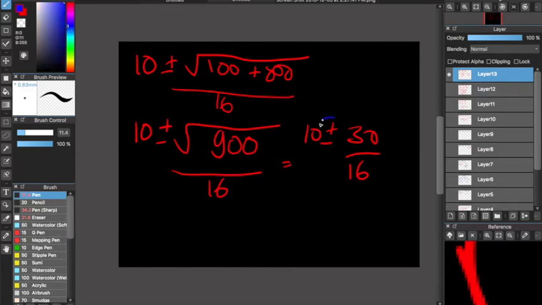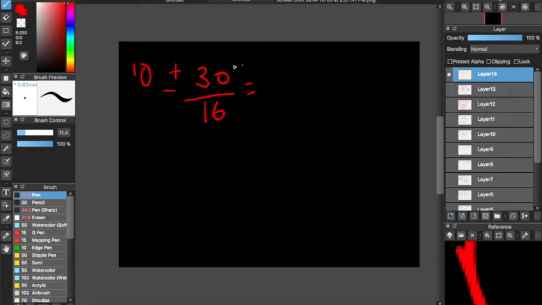So because it's plus and minus, we have to find both of them. So first, we're going to simplify the plus one. All right. So 10 plus 30 divided by 16 equals 40 over 16, so we're going to simplify it by 8.